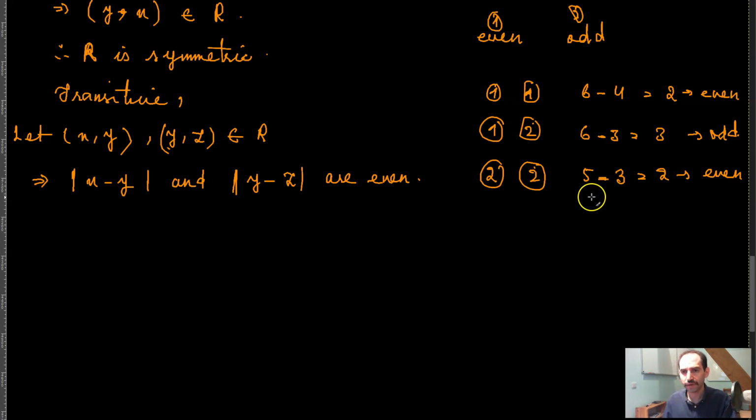For example, 7 minus 5 is equal to 2 as well, which is again an even number.